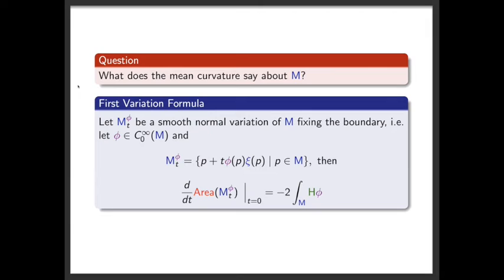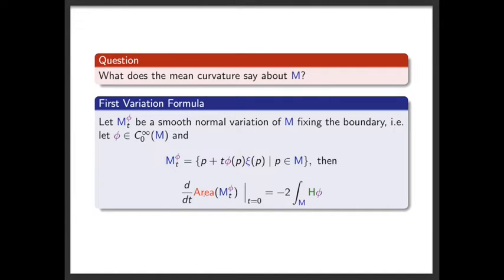So what does the mean curvature say about the surface M? If we take a smooth normal variation of M that fixes the boundary, this is going to depend on a function phi, which is in C_0^infinity of M. Then we construct this one-parameter family M_{t,phi} in this way.